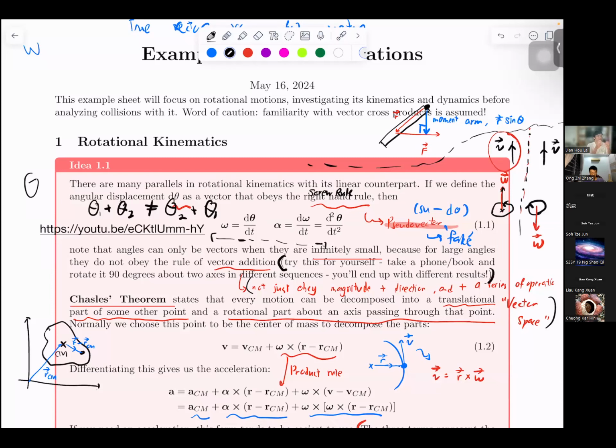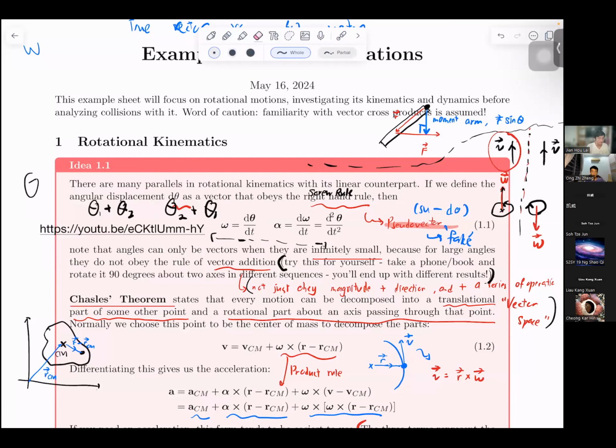The idea is that when the angle is infinitely small, the angular displacement becomes d theta, and it follows the definition of a vector space vector, which is commutative, so this is good.